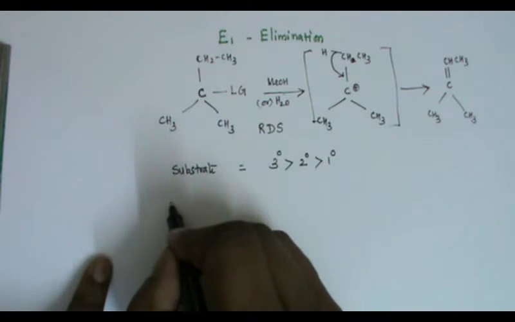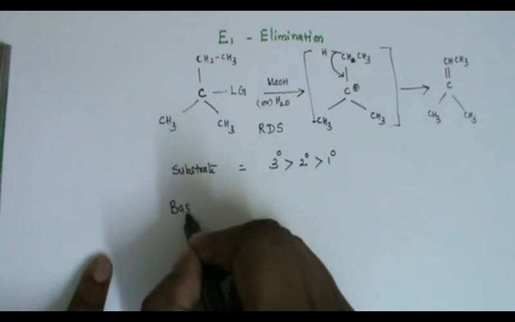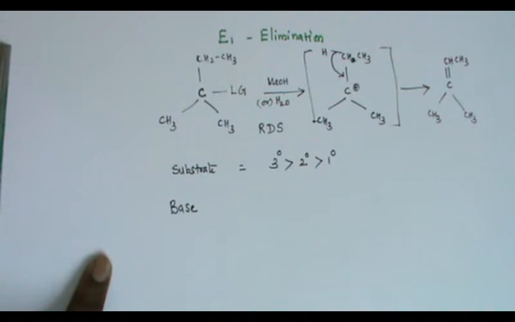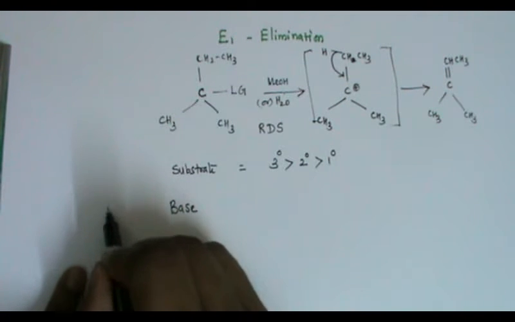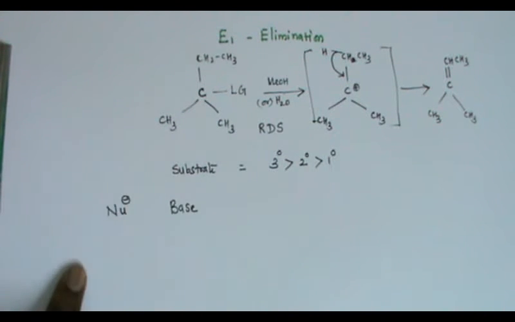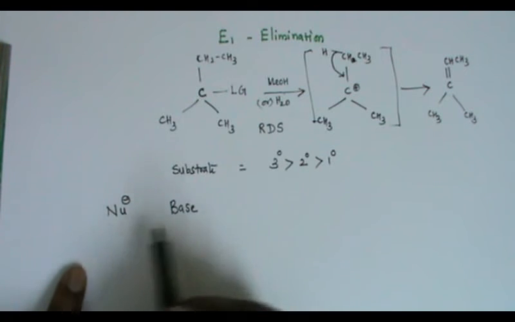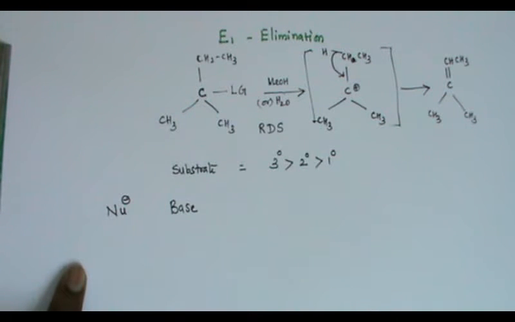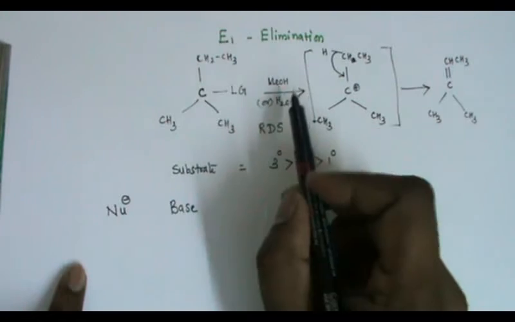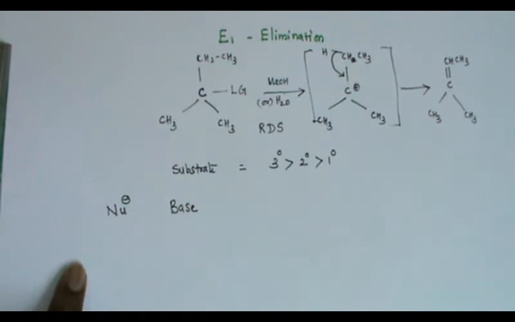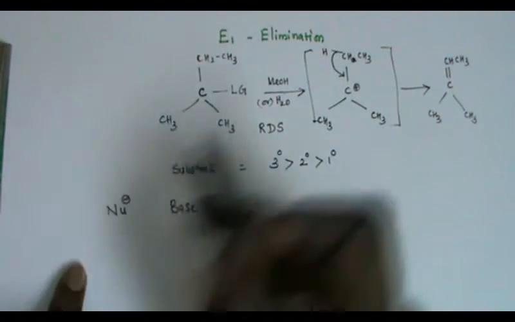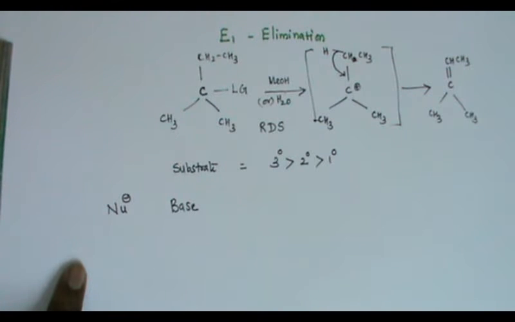Second one, based on the base we use. In the earlier case I mentioned nucleophile. Nucleophile and base are the same, in fact. In the earlier case also I used water and methanol in SN1. Here also it is methanol and water. What is the difference?